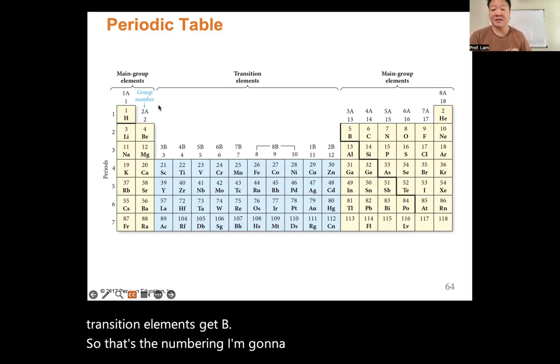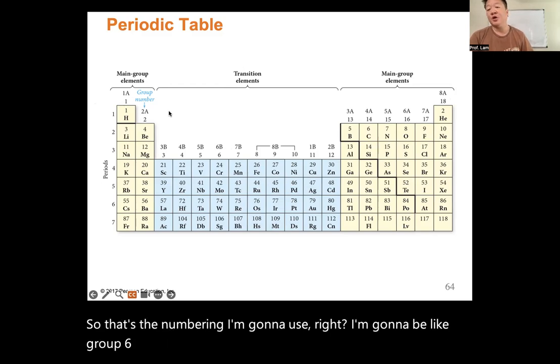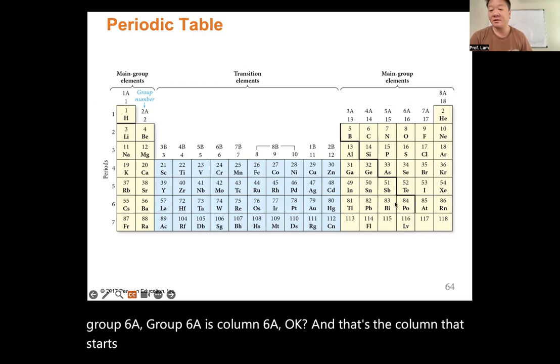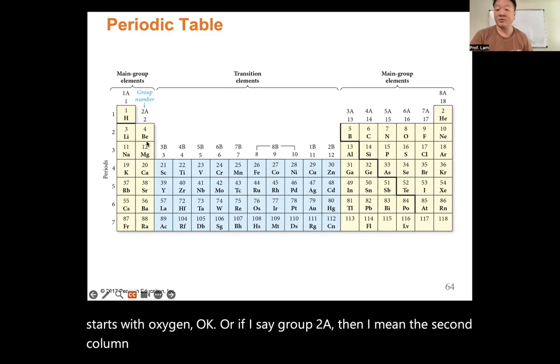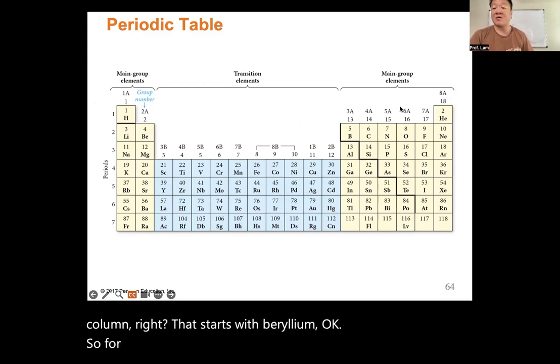I'm going to say group 6A. Group 6A is column 6A, and that's the column that starts with oxygen. Or if I say group 2A, then I mean the second column, that starts with beryllium. So for main group elements, that's how I will refer to them.